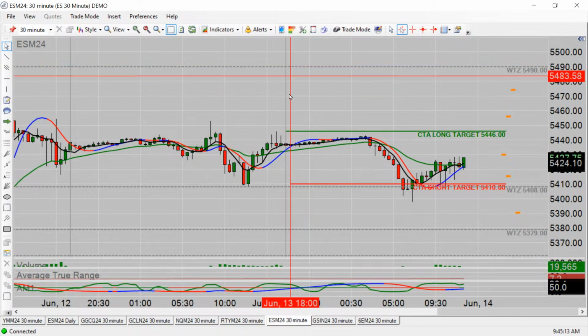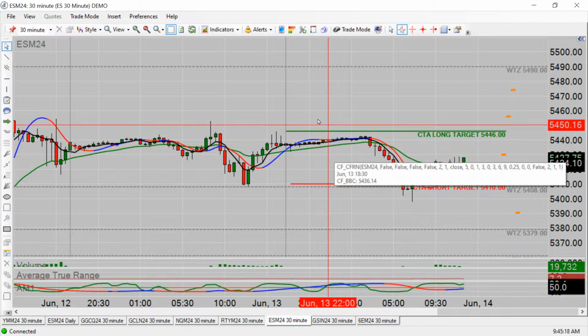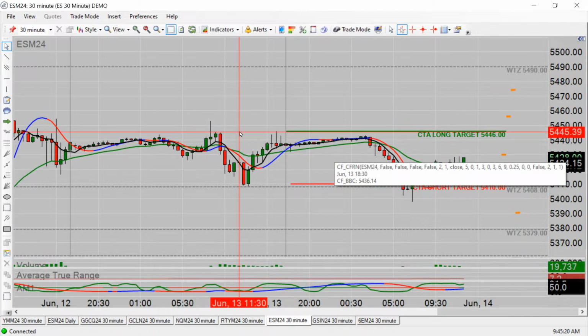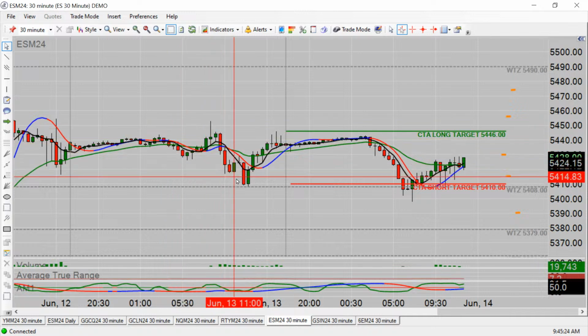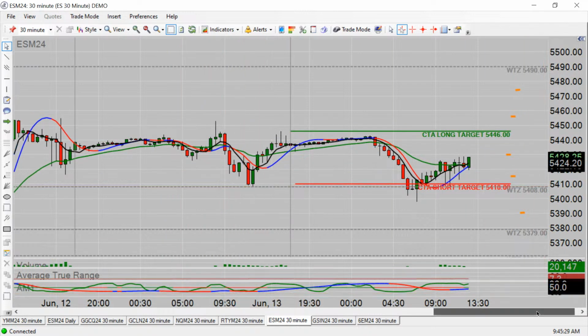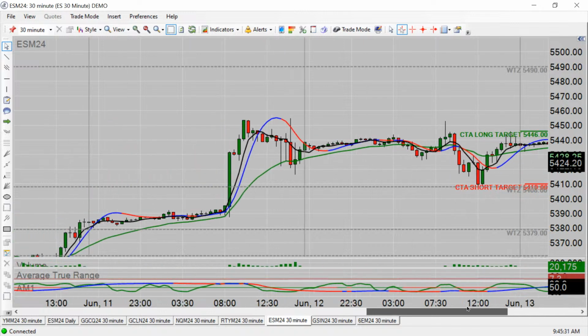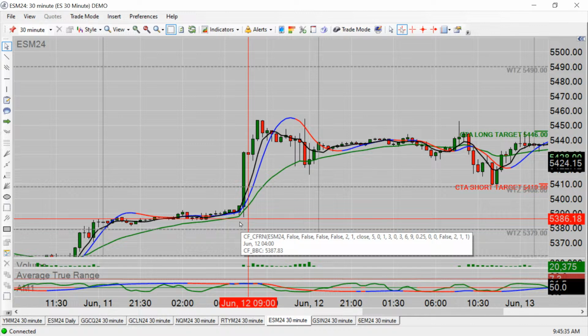Now, the vertical line separates today, Friday, from Thursday. Back here is Wednesday. When price drops to a weekly zone, we expect support. When price rallies up to a weekly zone, we expect resistance until proven otherwise.